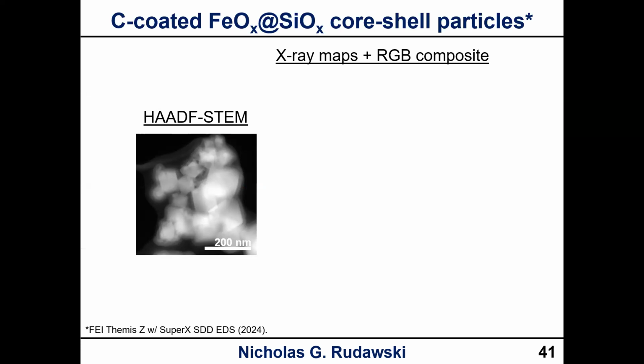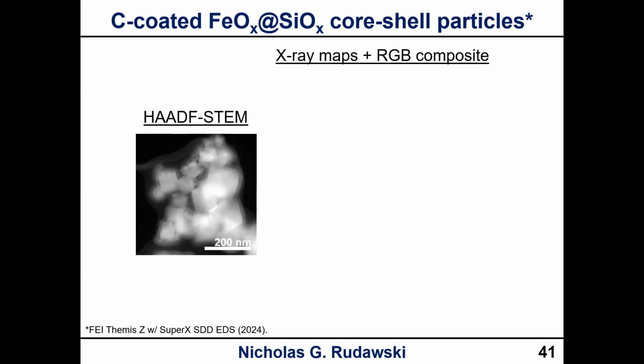So this is iron oxide nanoparticles coated with silica, which has a very thin coating of carbon on it. Again, here's the HAADF-STEM image. It's fairly obvious looking at this. I can see the iron oxide and the silica, but it's not very obvious as to the presence of the carbon shell.